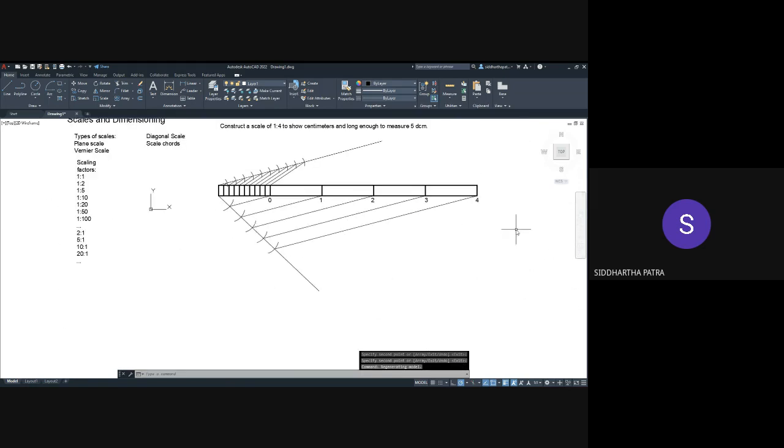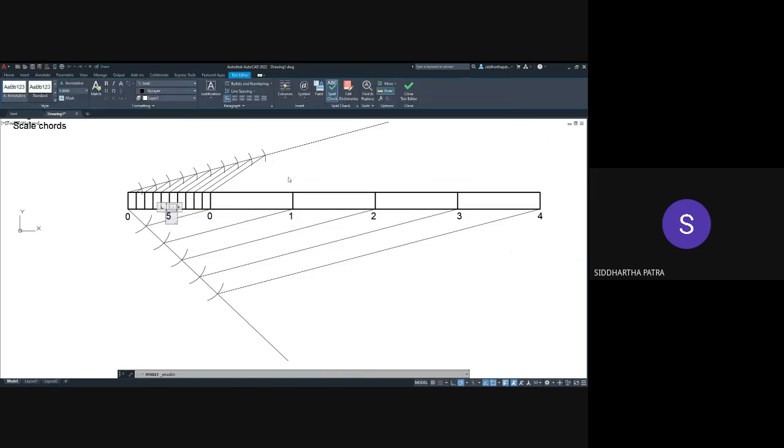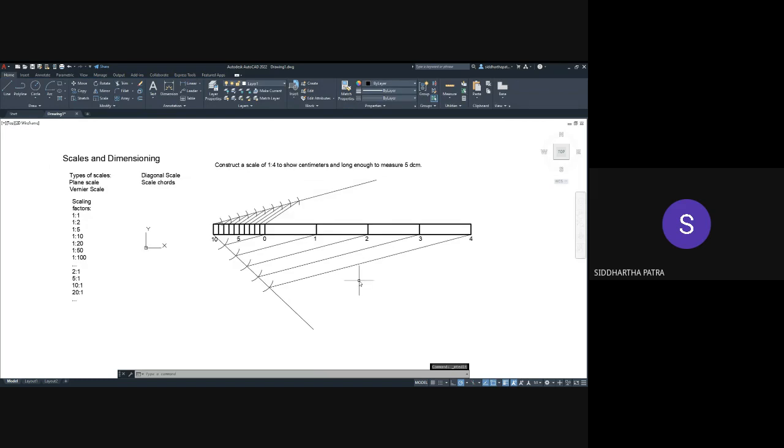So now you have this scale which is showing centimeters as well as your decimeters. Okay. Now you need to number these centimeters as well, and this is how you do it. Let's say you number it as 5 and this one as 10. Okay. So that completes the construction of your scale.